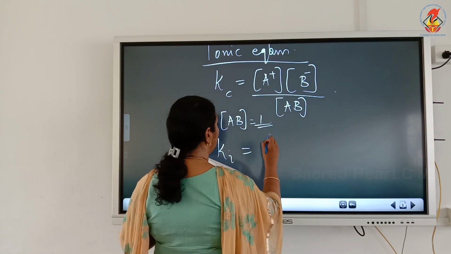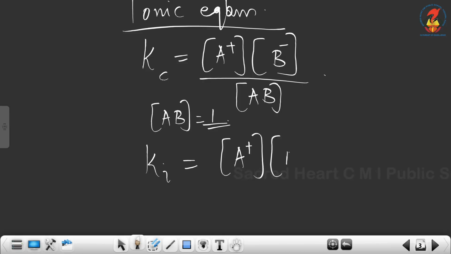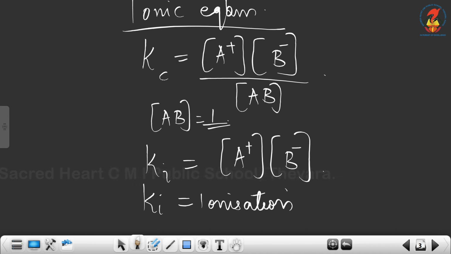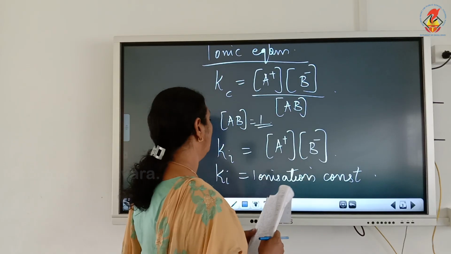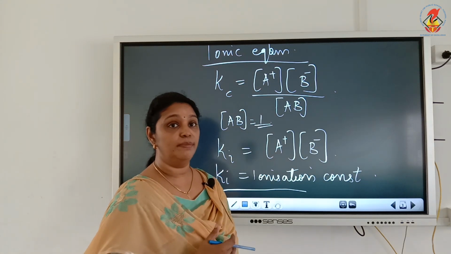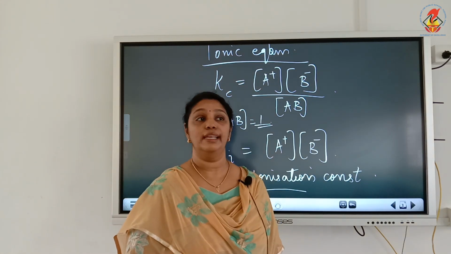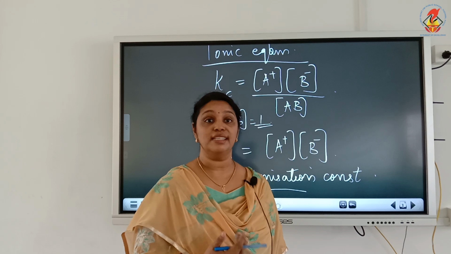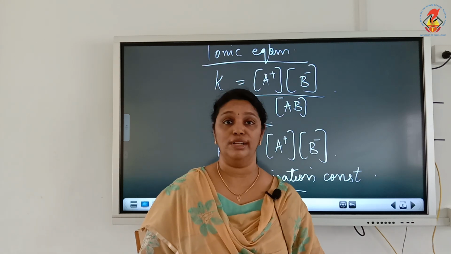So Ki is the concentration of A+ into concentration of B-, and Ki is called the ionization constant. This is possible only in case of weak electrolytes. That is an expression for ionization constant.